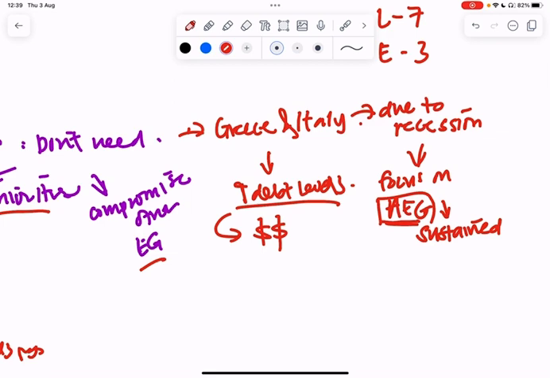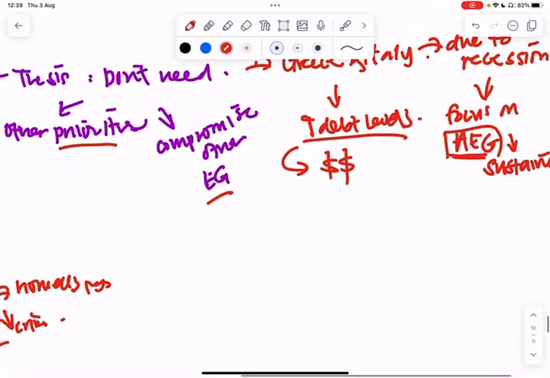Beyond that, you need to realize that when we strive for inclusive growth, it can actually compromise or interfere with our other economic goals, right? So why?